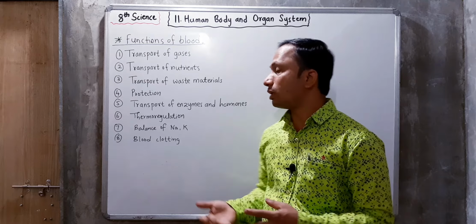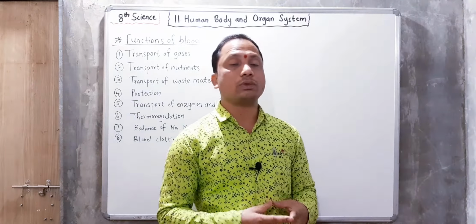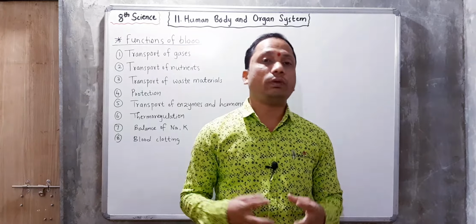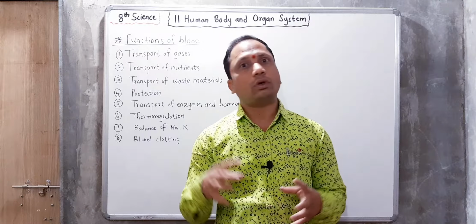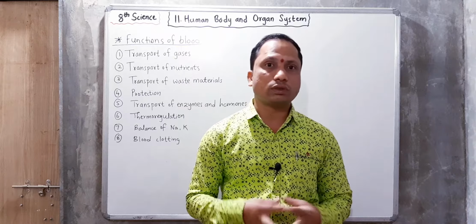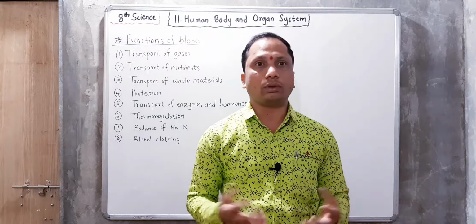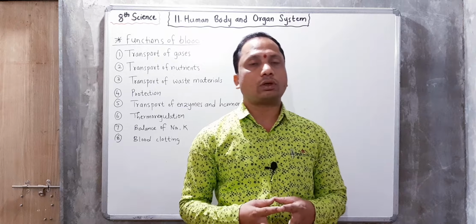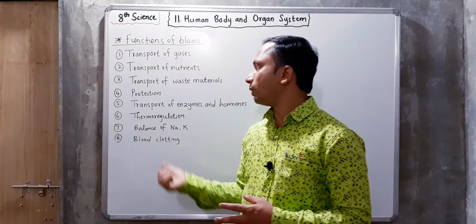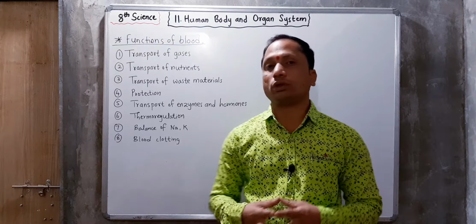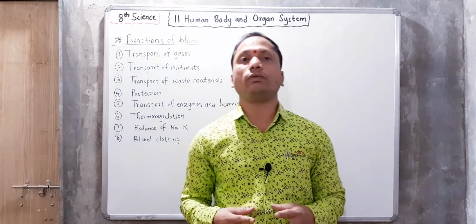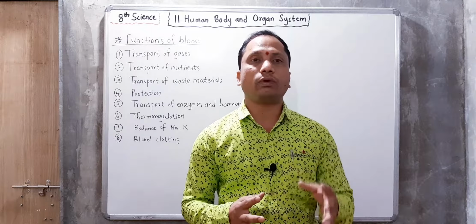Transport of enzymes and hormones, which are essential for the emotions, feelings, etc. of a person, is also done by the blood. Thermoregulation: the body temperature is maintained within a particular level with the help of blood.